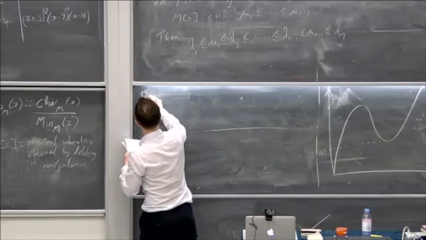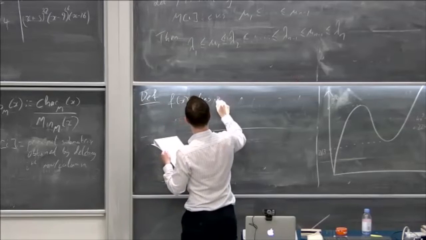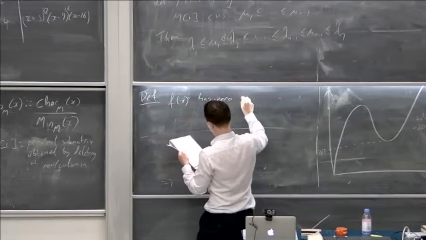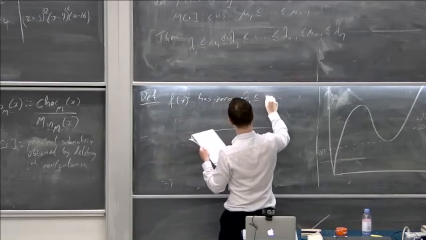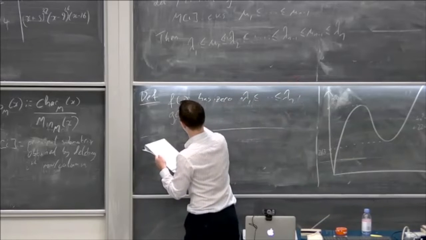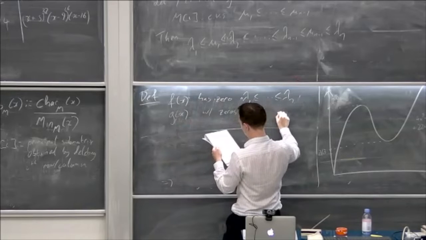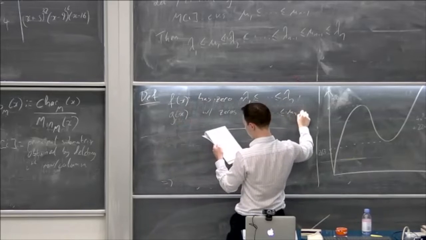Definition: f is a polynomial with zeros lambda 1 up to lambda n, and g is another polynomial with zeros mu 1 up to mu n minus 1.